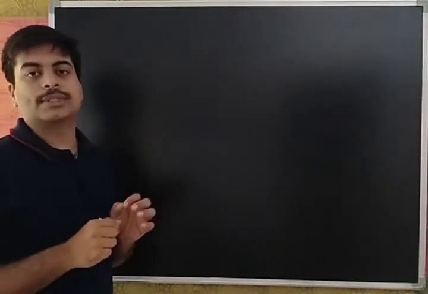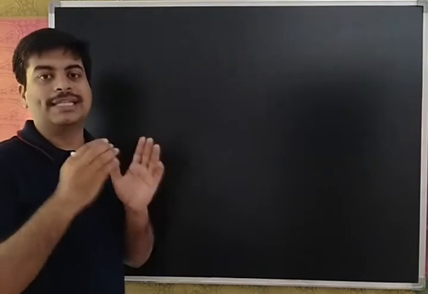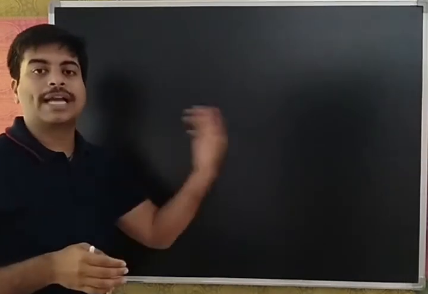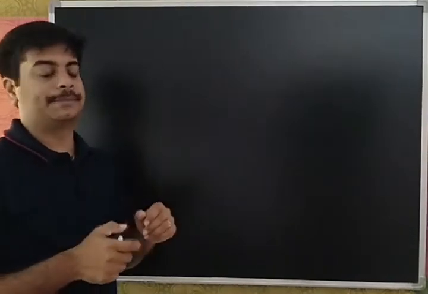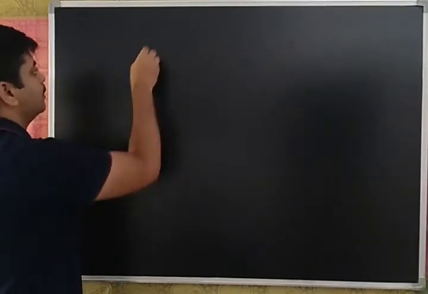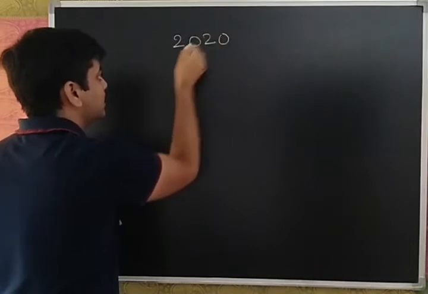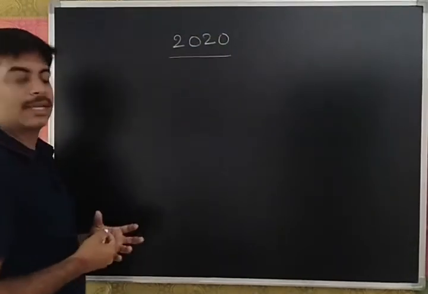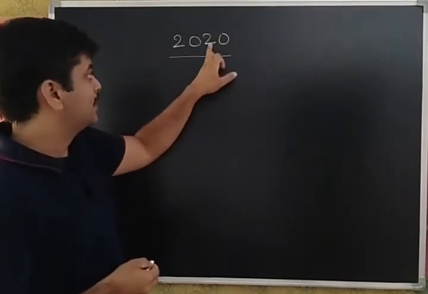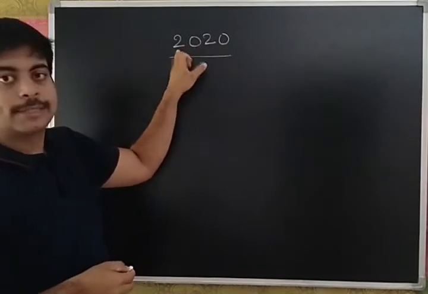Before that, I will introduce how numbers are written in the decimal system and how they are written in the binary system. For example, let us take the number 2020. How do you represent 2020 in the decimal system? See, this is the units place, tens place, hundreds place and thousands place.